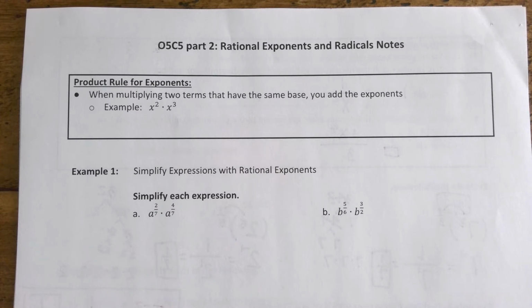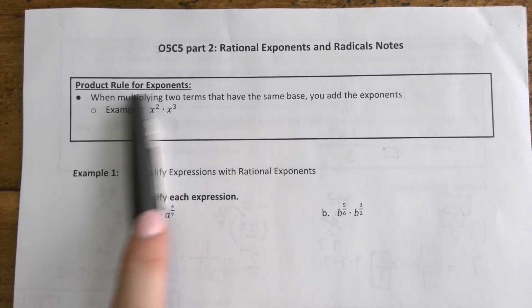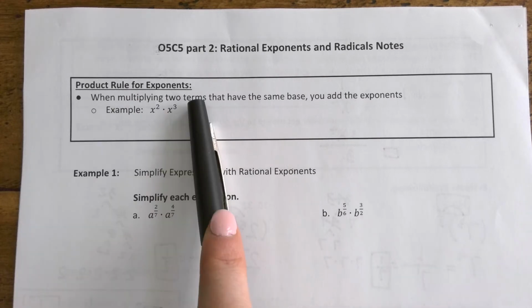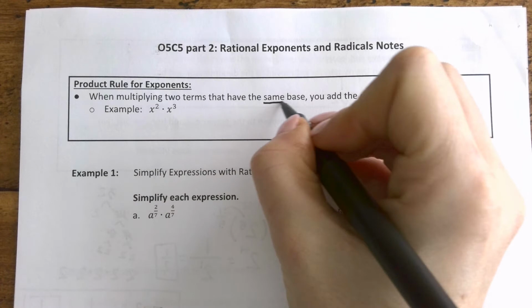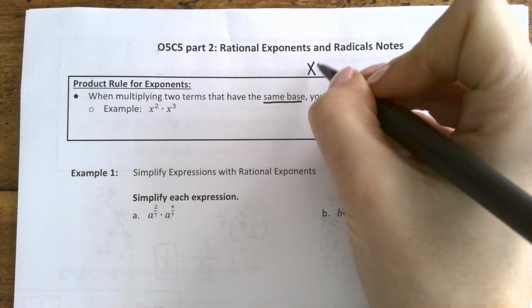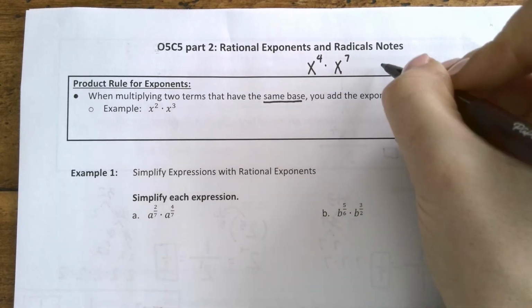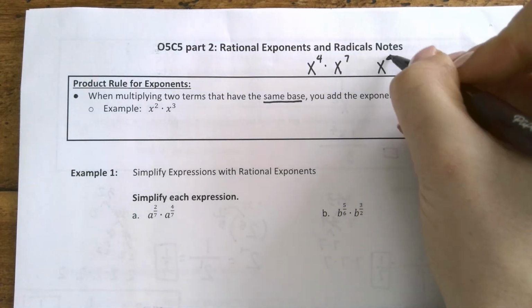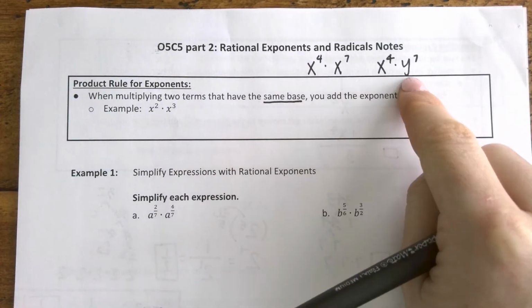So the first rule that we have is called the product rule for exponents. This says that when we're multiplying two terms that have the same base, so big idea here, they have to have the same base, so it could be like x to the 4th and x to the 7th, those have the same base. We could not do x to the 4th and y to the 7th because one has a base of x and the other has a base of y, so that one would not work.